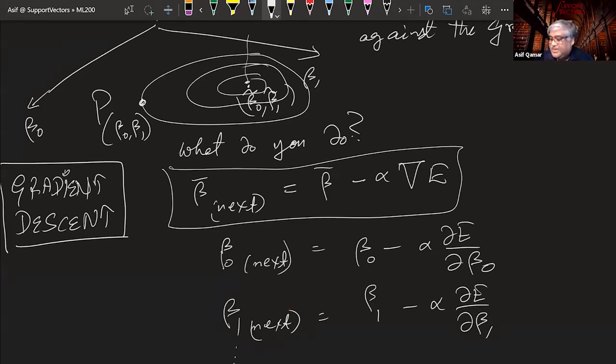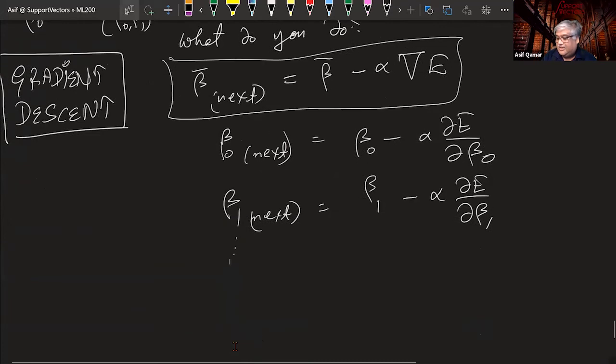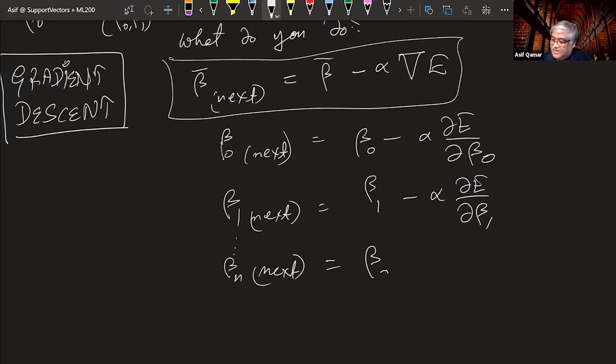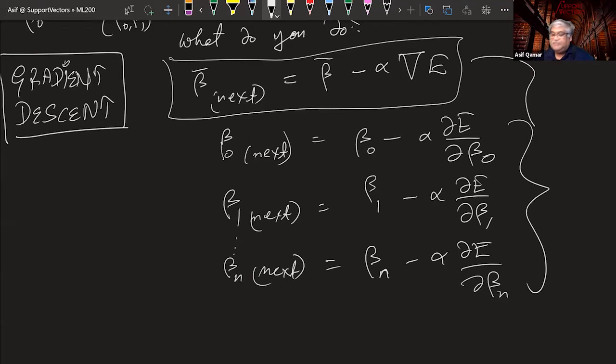And so forth. You can keep going down to other values of beta n. Suppose you have an n-dimensional parameter space, beta n next is equal to beta n minus alpha dE/d beta n. It's just this thing rewritten, broken out into components. This is your gradient descent. This is how you solve the problem.